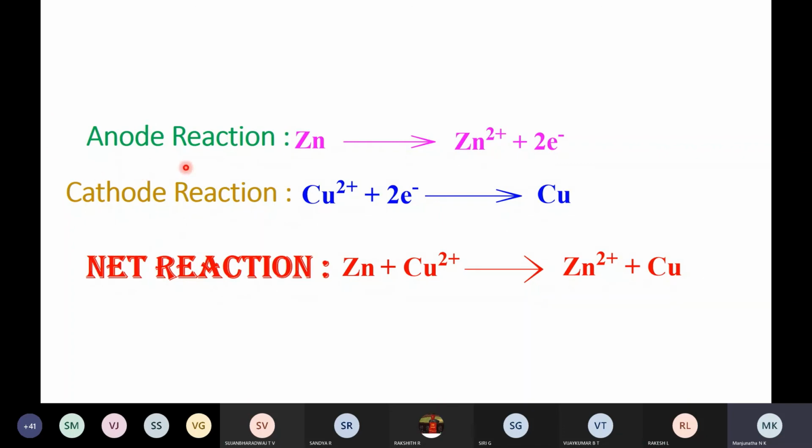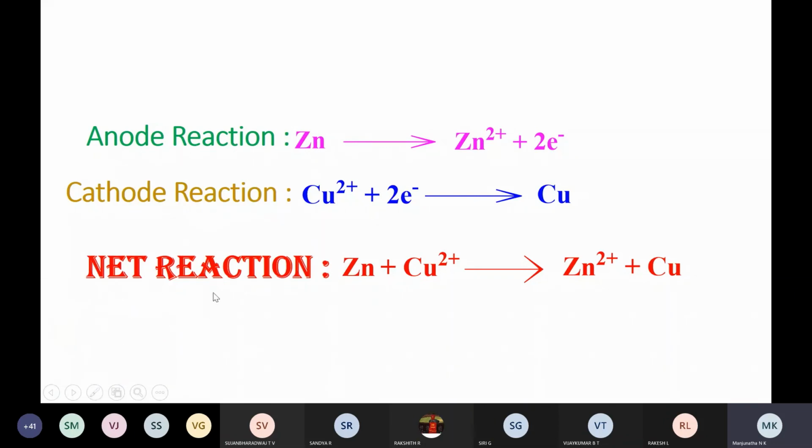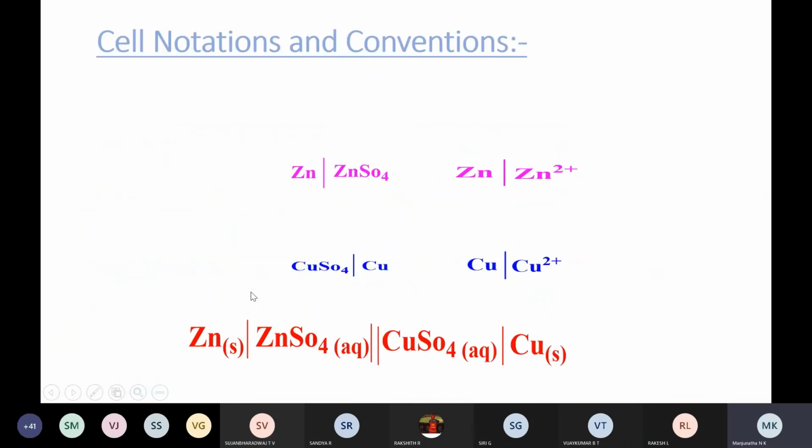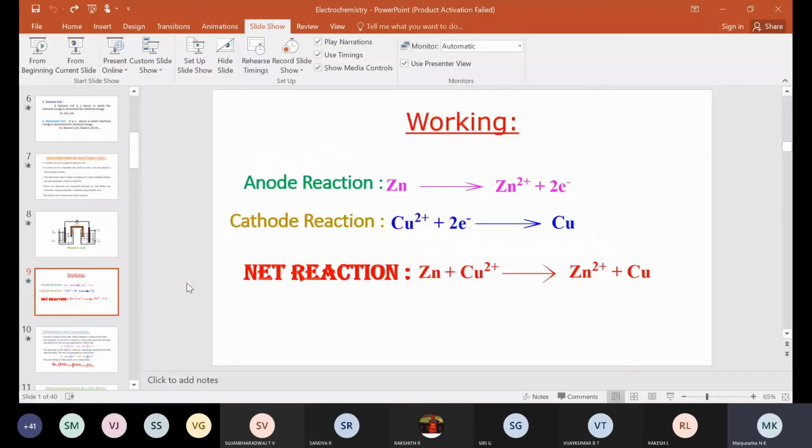Because anode means an electrode where the oxidation reaction takes place, and cathode means an electrode where the reduction reaction takes place. It's clear? Any doubt in this? Any doubt in this construction and working, you can ask.